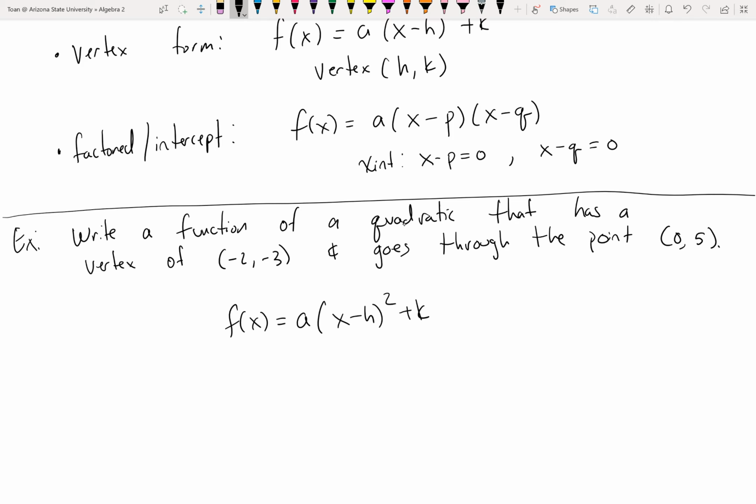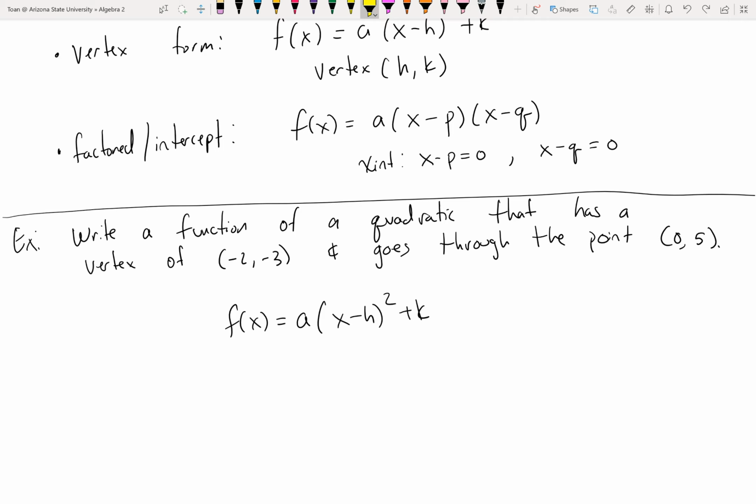Here's the idea. For any question that asks you to come up with a model or equation, every single bit should be filled with a number except your output and your input. So those I highlighted should stay as variables. That means in my final answer, the a should be a number, the h should be a number, and the k should be a number, leaving f of x and x as variables.